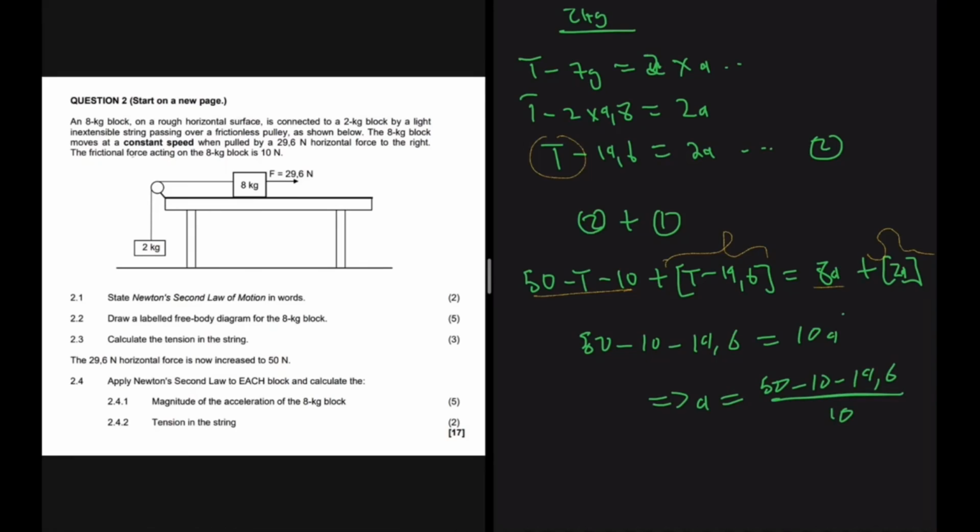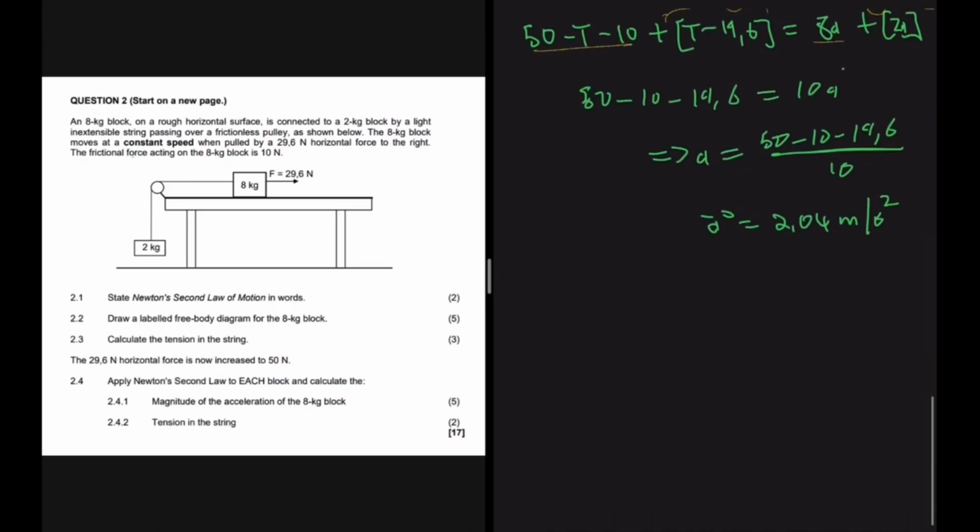Let me put that into my calculator real quick. So 50 minus 10 gives you 40, minus 19.6, divided by 10, and then I'm getting an acceleration of 2.04 meters per second squared. Yeah, so there you have it. That's how you solve this problem.